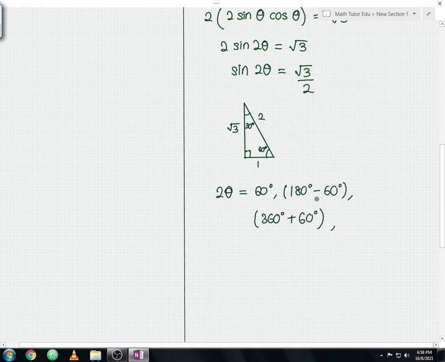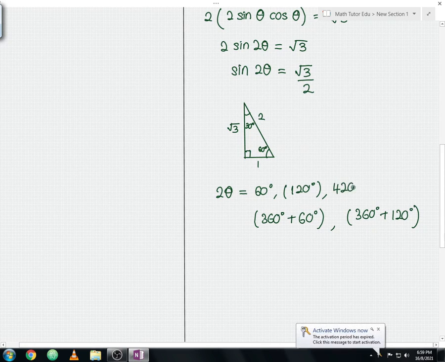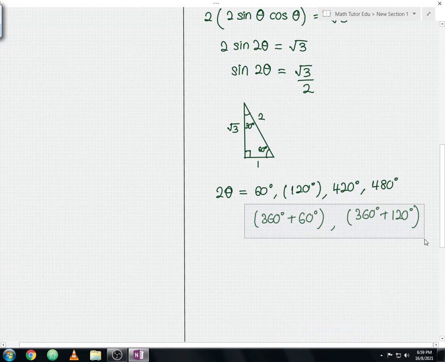From here, 180 degrees minus 60 degrees, you should get 120 degrees. Then 360 degrees plus 120 degrees. When you calculate these two angles, you should get 420 degrees and 480 degrees.